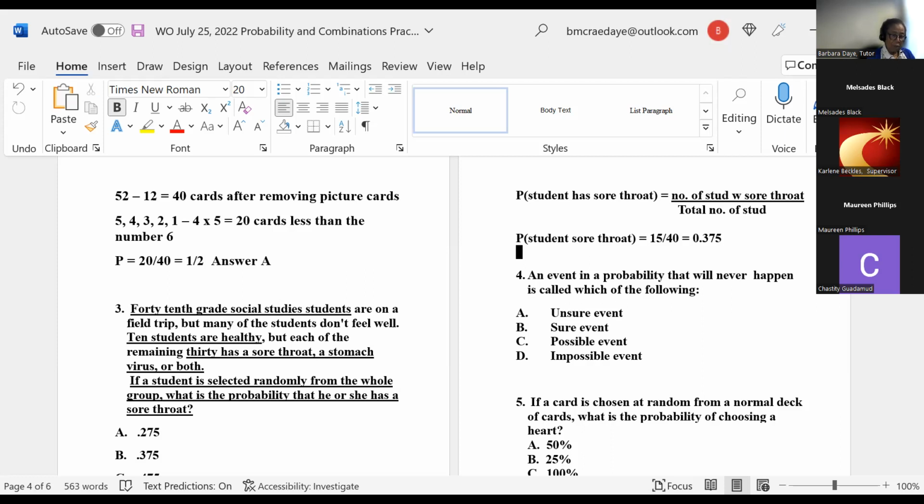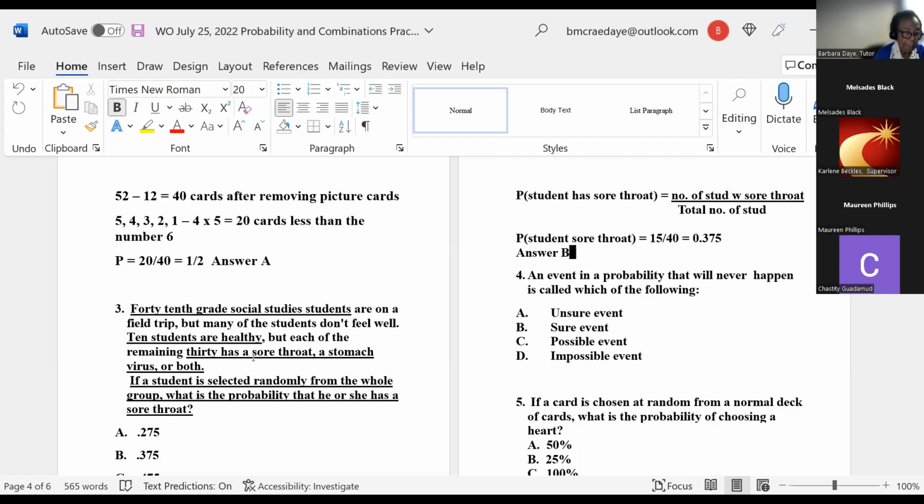Now, if I had said the probability of a student not being healthy, then it would be the whole 30 over the 40. But it says if we randomly select, what is the probability he or she has a sore throat, that would be half of the 30, which is 15. So 15 divided by 40 is 0.375, and that's answer B.